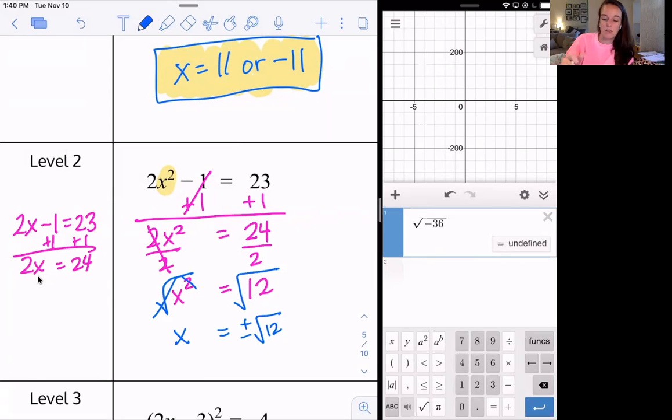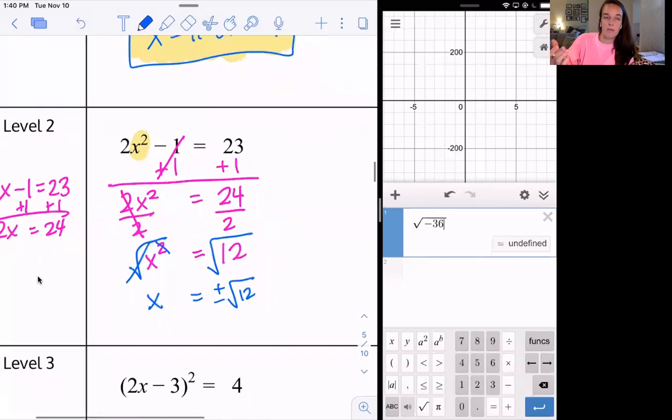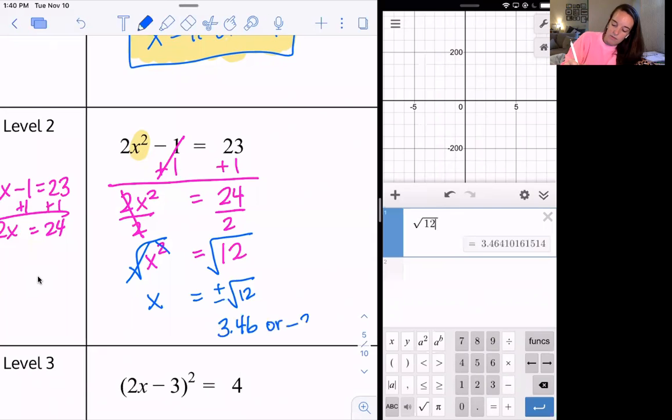No, yeah, me neither. There's no whole number, right? Because I know 3 times 3 is 9 and 4 times 4 is 16. So it must be between 3 and 4. So I'm going to go ahead and use my calculator and try square root of 12. And I see, oh, it's a decimal number. It's 3.46. So I would say, okay, this is 3.46 or negative 3.46.